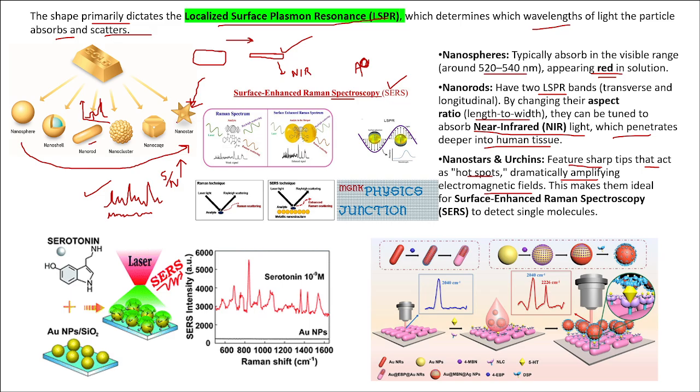So if there is a substrate coated with nanostars, and we put our analyte on it, the electromagnetic radiation will fall on it. There would be an increase in the resonance and in the electromagnetic field, and the signal to noise ratio of whatever Raman signal we detect will be very good. This is called surface enhanced Raman spectroscopy. This makes them ideal for surface enhanced Raman spectroscopy to detect single molecules. So this is how these are used.